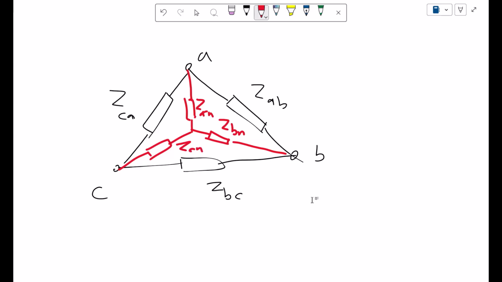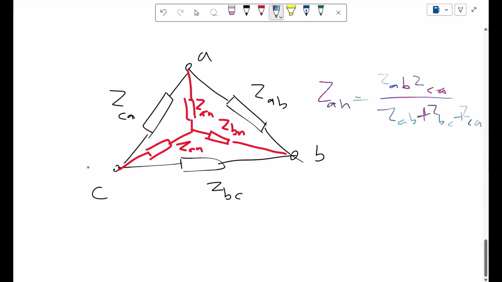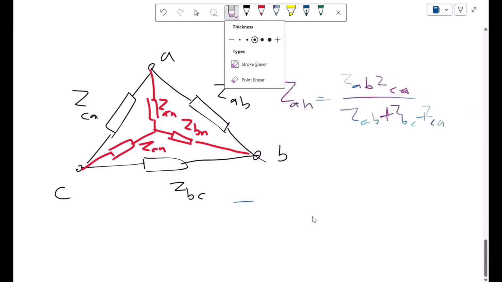So to find ZAN, you would look at the side impedances: ZAB times ZCA, divided by the sum ZAB plus ZBC plus ZCA. The other conversion would be from a Y to a delta. In that case, if you want to find ZCA, you would find YCA first.